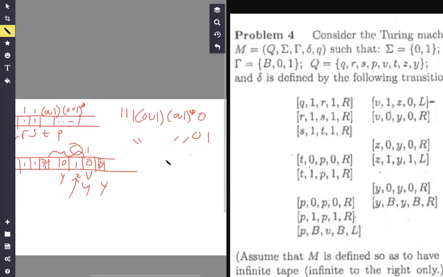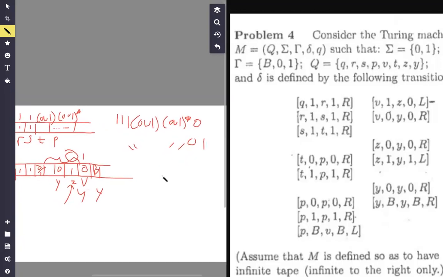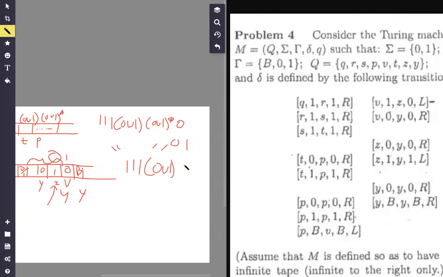What the heck? So this is just, right, so 101.